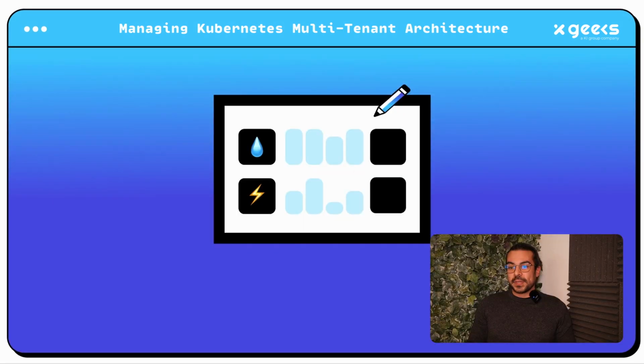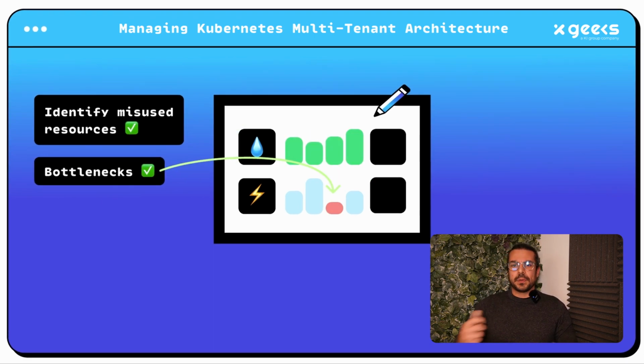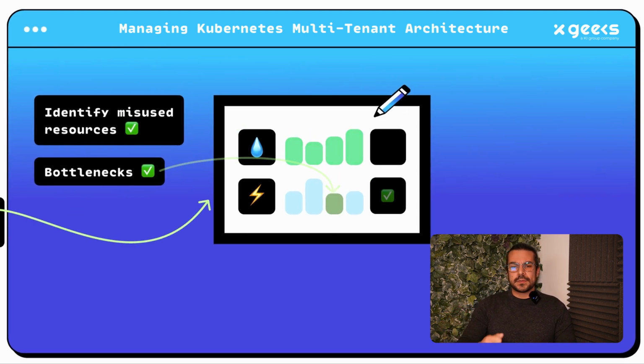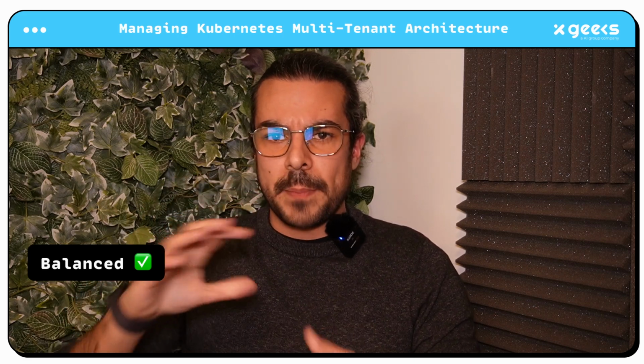This allows cluster administrators to identify overused and underused resources, potential bottlenecks, and even opportunities for optimization, ensuring that the cluster remains in a balanced and high-performance state.